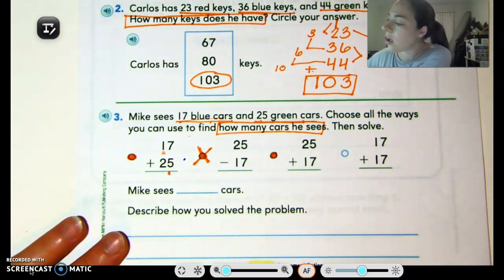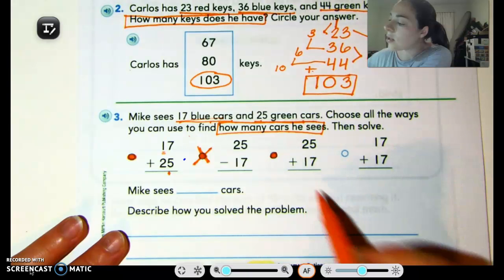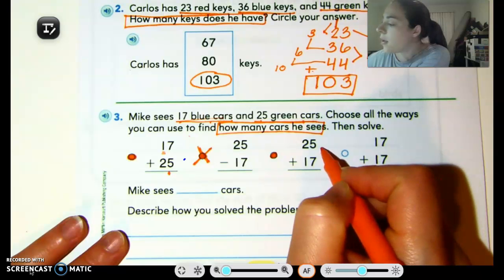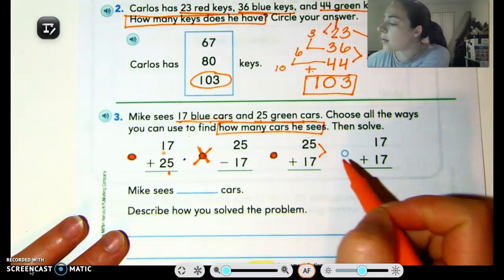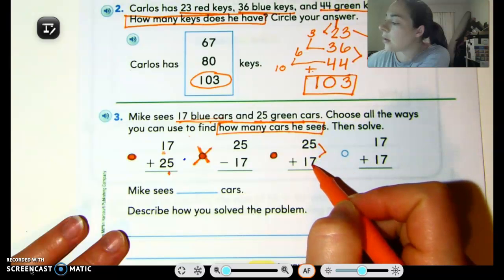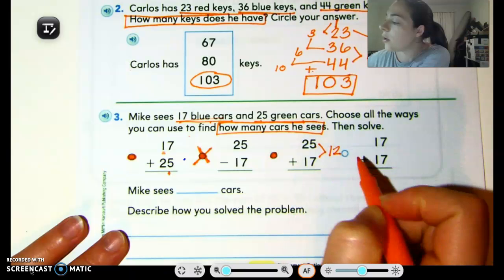So now we have to solve. So 25 plus 17, I'm just going to solve right under here since they already wrote it for me. 5 plus 7. Okay, I'm going to give 3 from my 5 to 7 to make 10. And I have 2 left over, so that's 12.